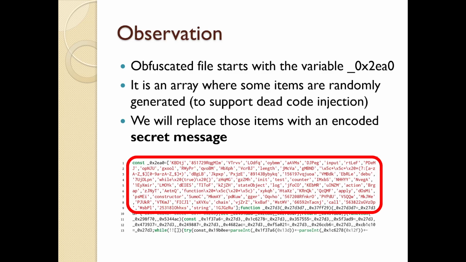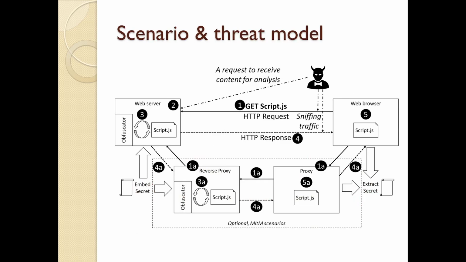As the primary way in our method, we replace these randomly generated strings from the table with the secret message. That's the main way our method works.